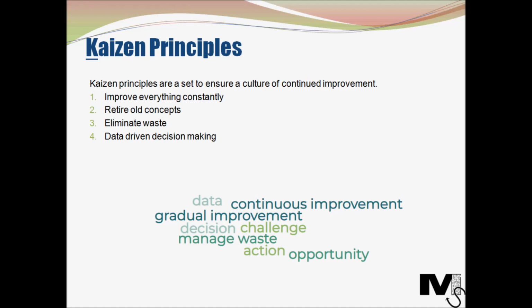Eliminating waste is an essential part of introducing efficiency. Organizations that implement Kaizen constantly look out for processes that generate waste. Once these are identified, waste reduction should be seen as an opportunity for improvement. Gradual reduction of waste will lead to eventual elimination of waste.